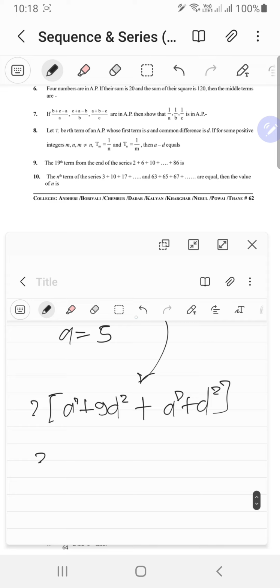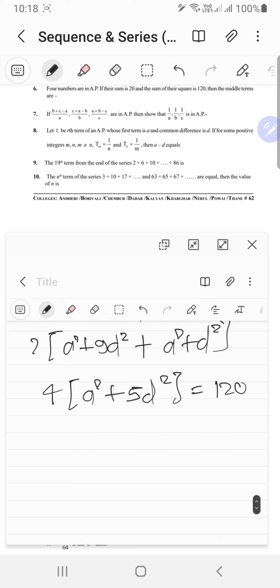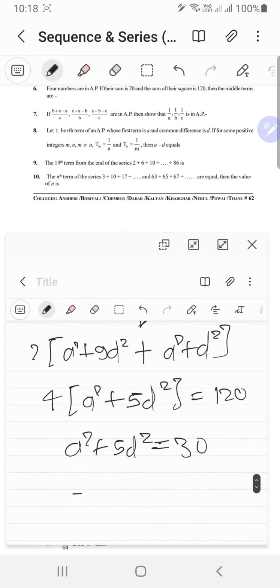So you can say 4 into a squared plus, well, it's going to be 10, and then 2 is out, so 5d squared. What is this? It is 120. So a squared plus 5d squared is 30, and a is 5, so 5d squared equals 30 minus 25, which is 5. So d squared is 1.